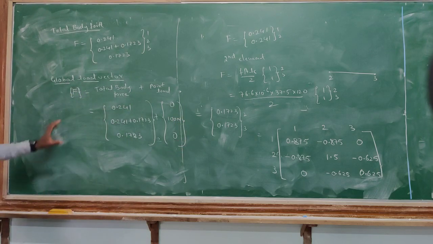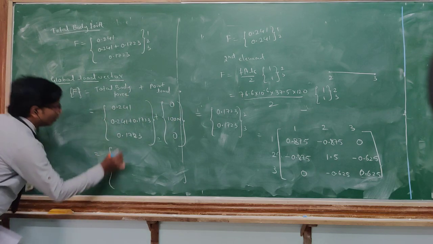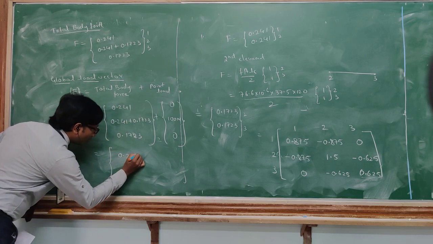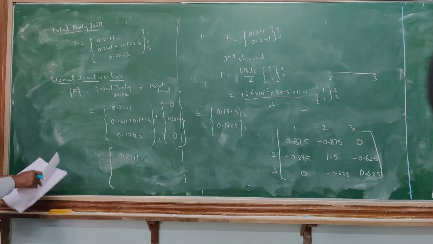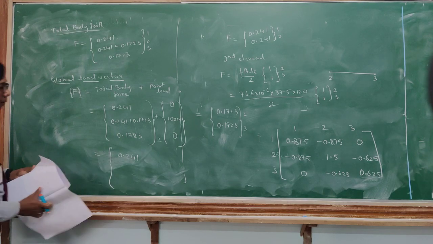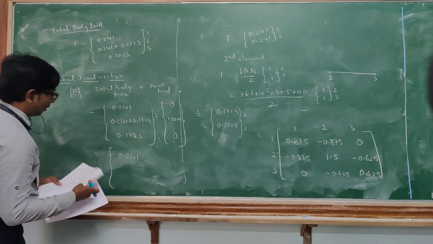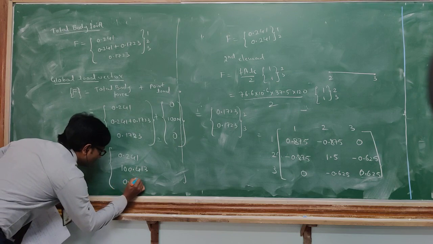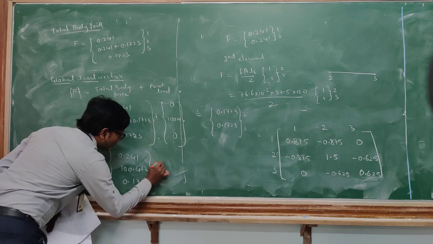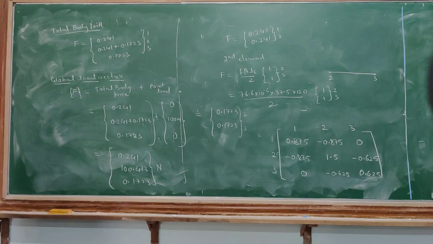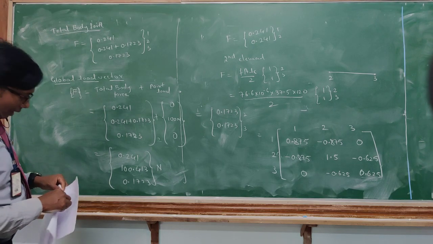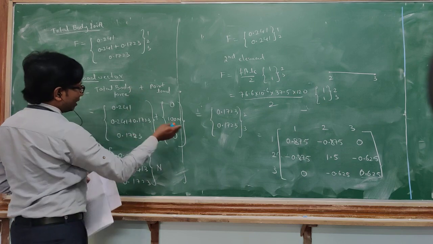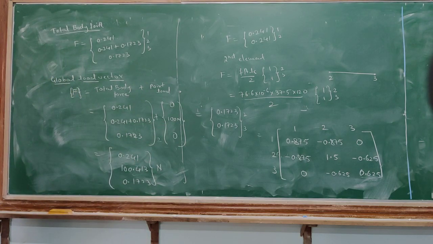You add them and write the final load vector: 0.241, 100.413, and 0.1723, in Newton. If two or three loads have been given, you solve them separately, do the node numbering for them, and then easily add them at the final load condition.